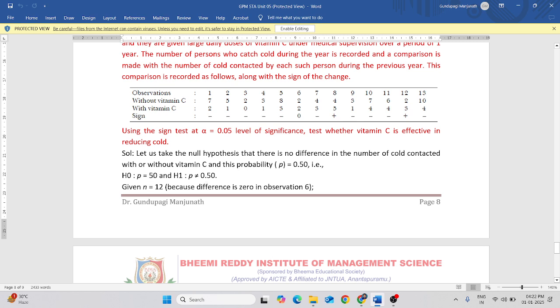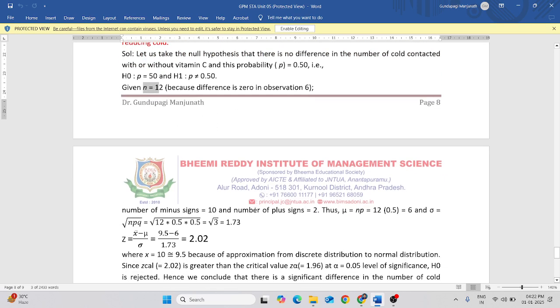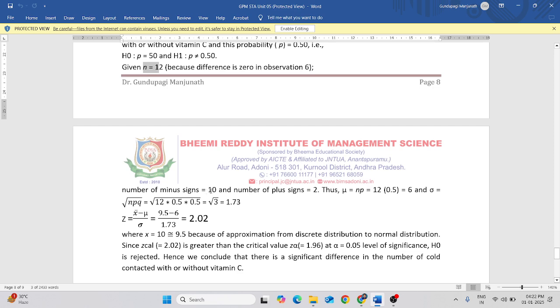So I am correcting this one, p equals 0.50. And here the number of observations, as here it is 0, there is no sign, so I am considering only 12 observations. So n is 12 observations. Number of minus signs, 10 minus signs are there.